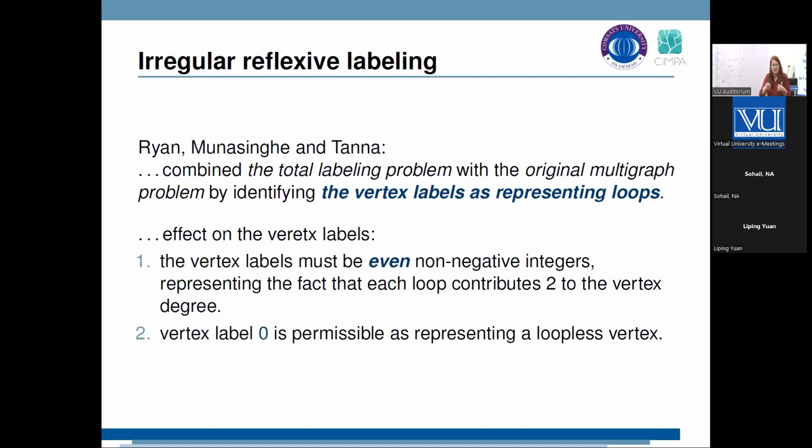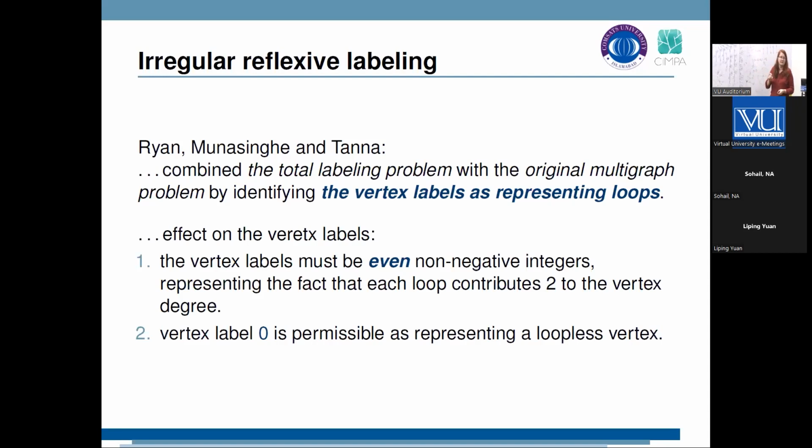So this association or this property has the following effect. Every vertex label must be even. Why? Because every loop contributes twice to the degree of a vertex.